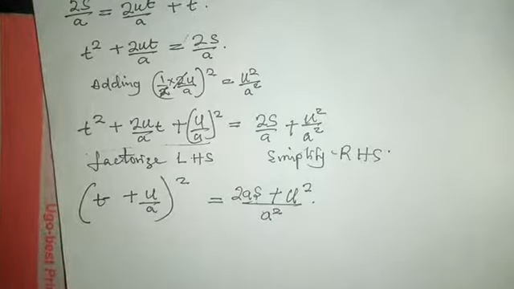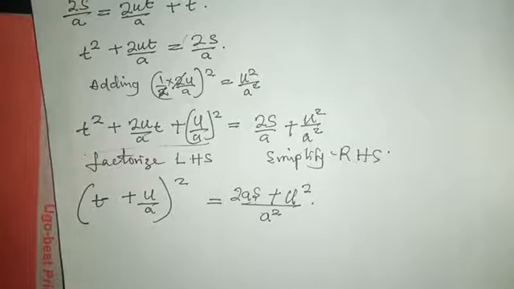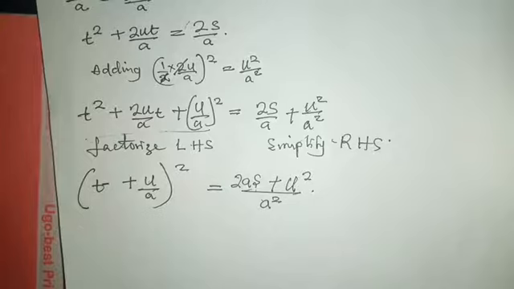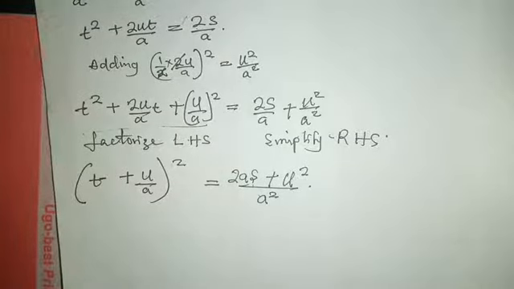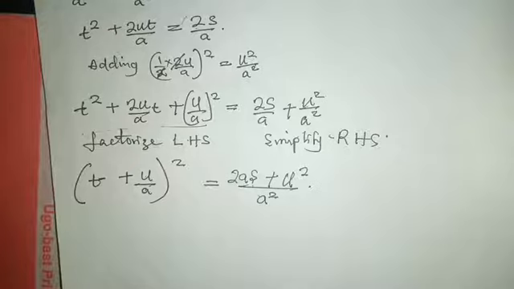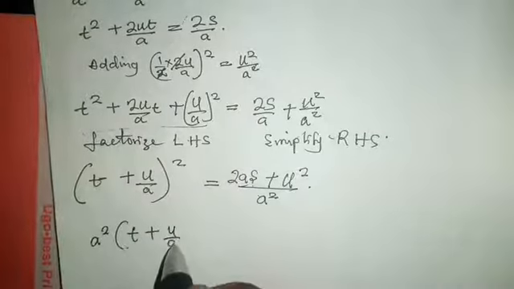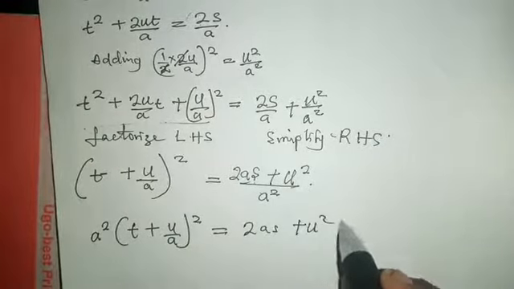At this point, I have to be smart because I want my equation to be a straight line equation. That means I have to make some decisions in order to break it down and make it a simple straight line equation. Therefore, I'm going to say a squared times (t plus u over a) squared is equal to 2as plus u squared.